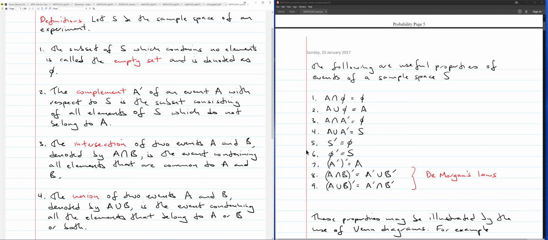Using this definition, I'm considering a subset of S that consists of all elements that do not belong to S. But a subset of S that doesn't have any elements belonging to S must necessarily be an empty set. That's how you justify this.